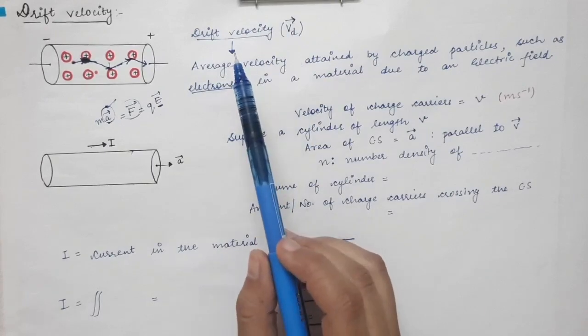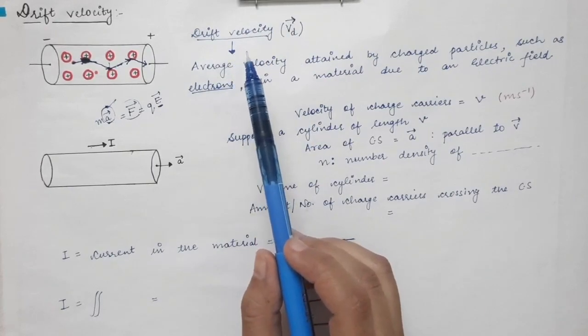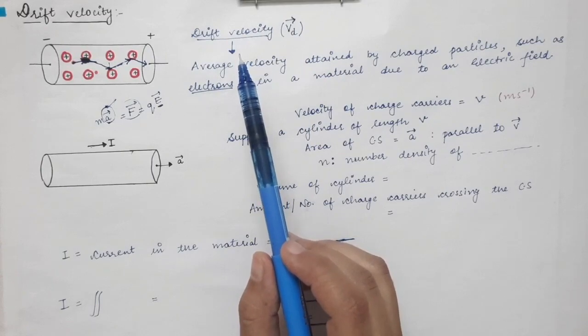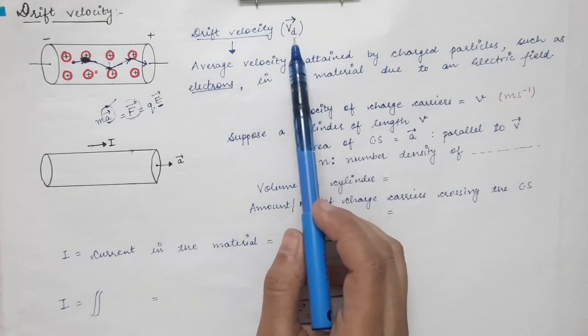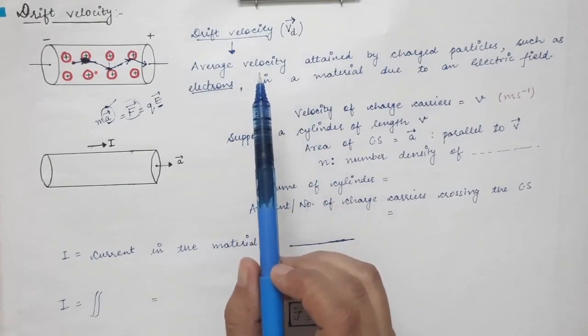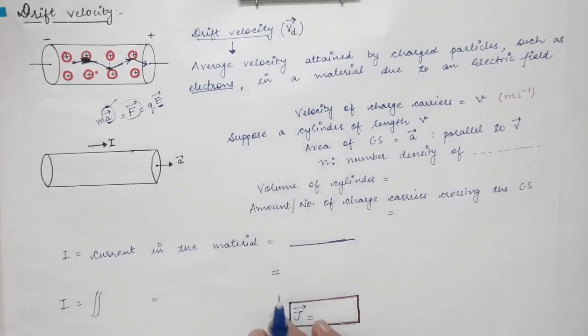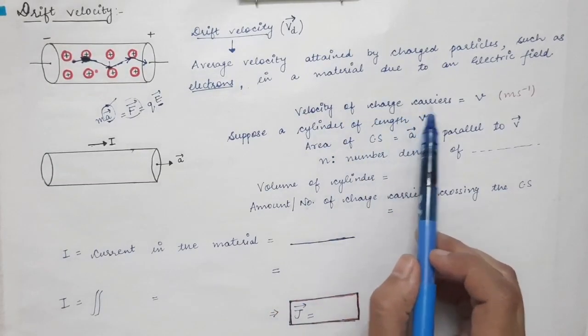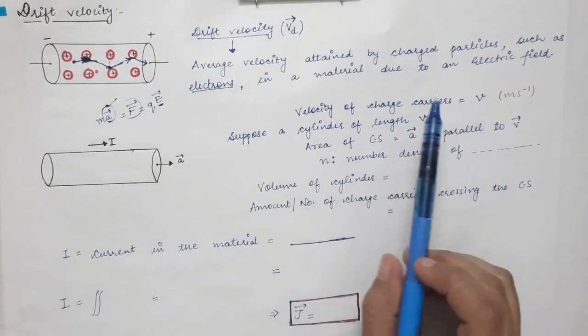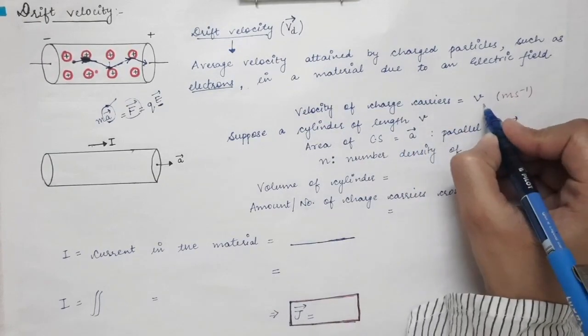Now we are going to see how the electric current density, which we talked about in the previous lecture, is related to this drift velocity. In this case I am just supposing that the velocity of the charge carriers is equal to V, or you can also say that it is equal to Vd.